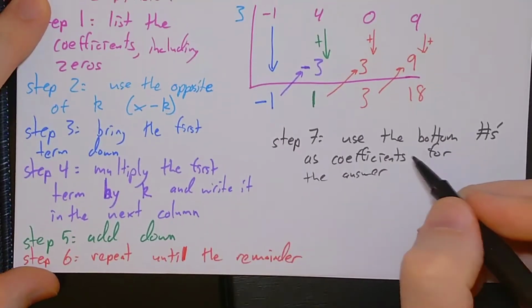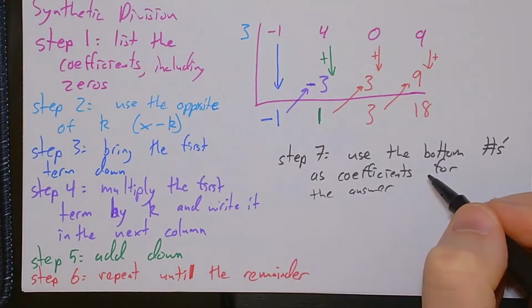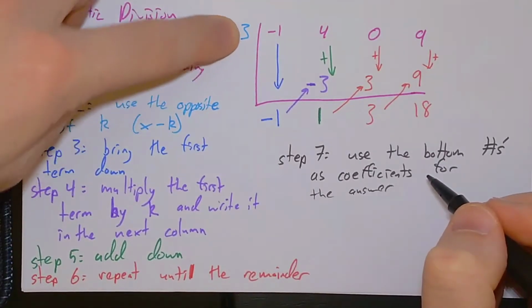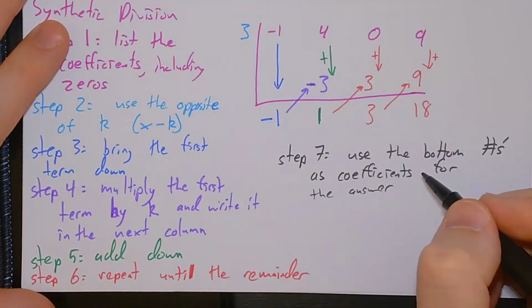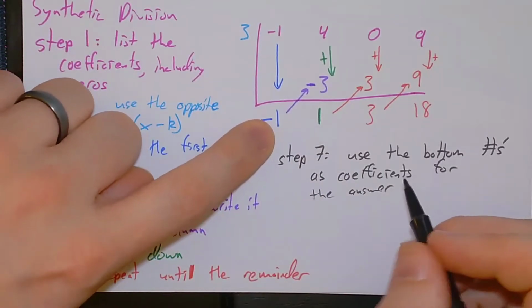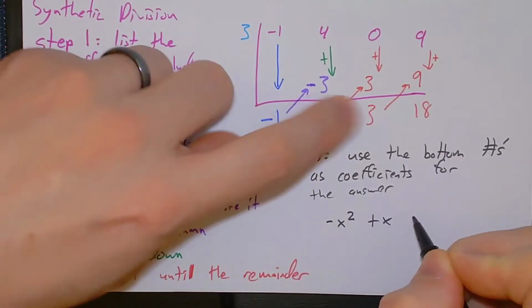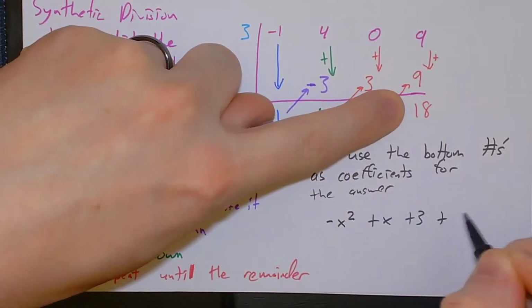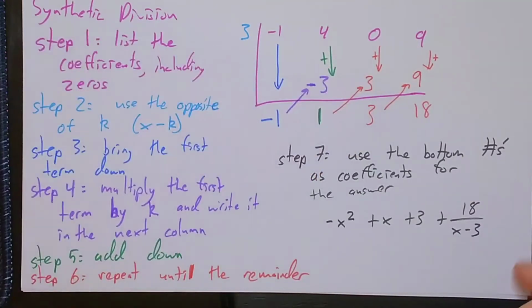So remember, we're dividing by x minus 3. We started with x cubed, and now we're going to write our answer in terms of x squared. We reduced the exponent by 1, so it's going to be minus x squared plus an x plus a 3 plus 18 over the thing we were dividing by, x minus 3.